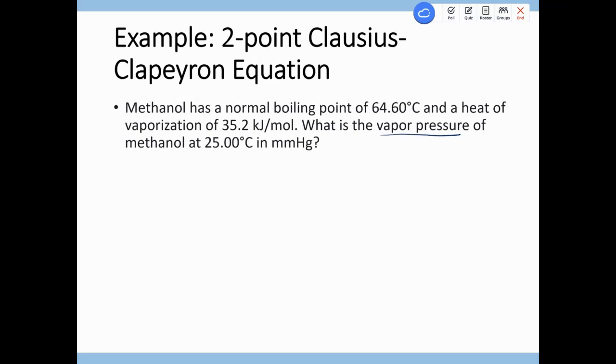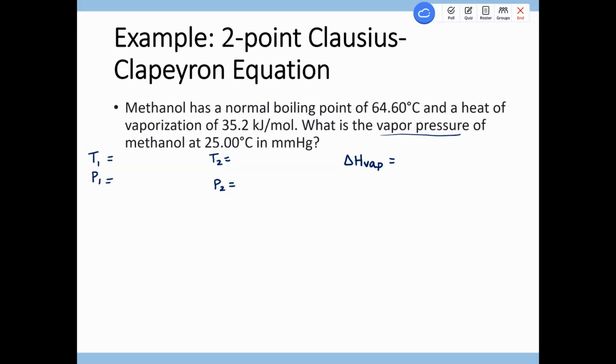And then we're looking for its vapor pressure at 25 degrees Celsius. So let's write out what we know. We'll have a T1 and P1 pairing. We'll have a T2 and P2 pair. And then we'll have delta H of vaporization. Those are all 5 of the variables in that equation.